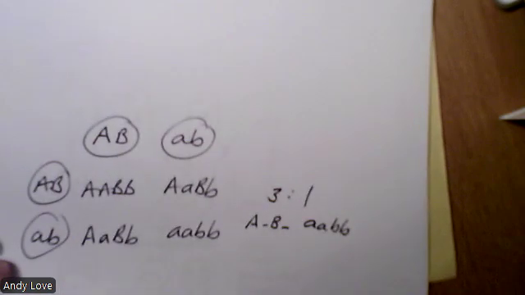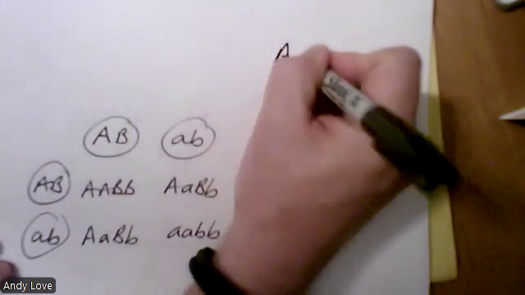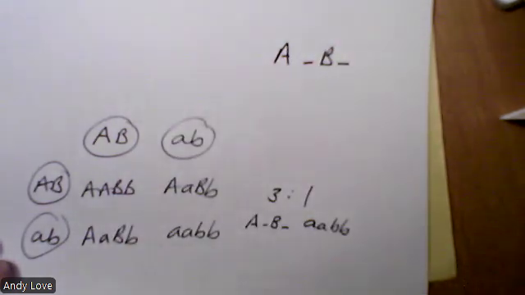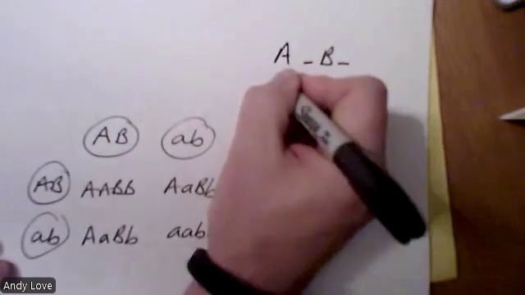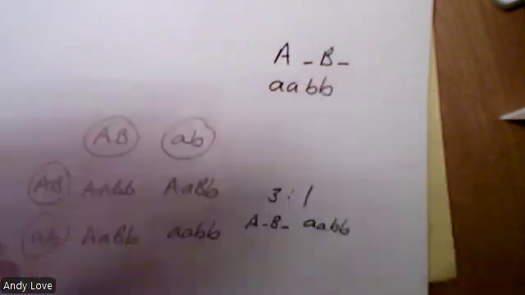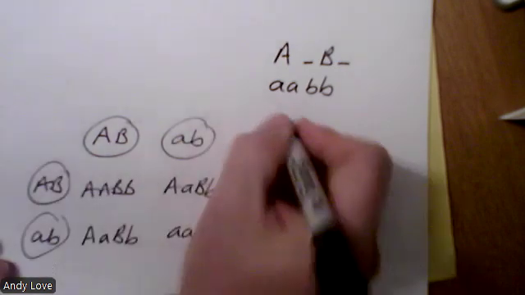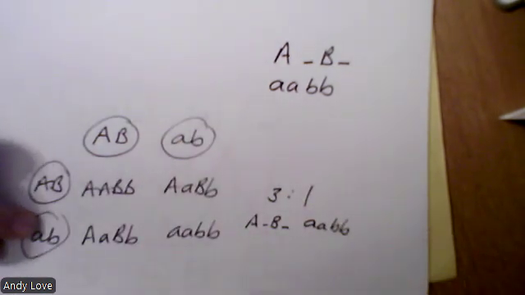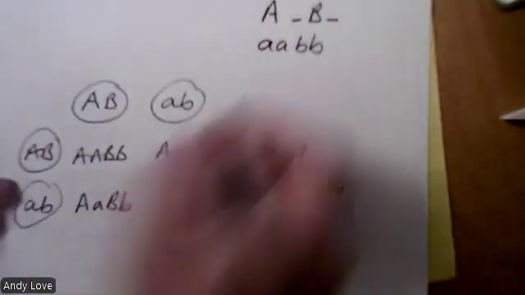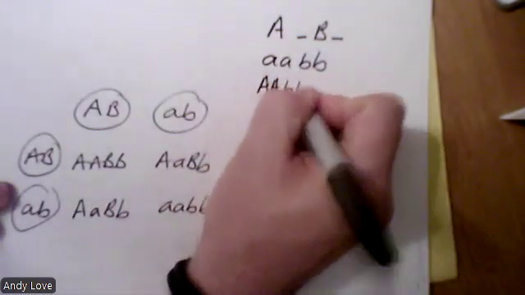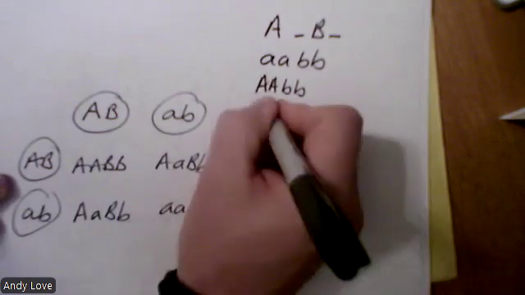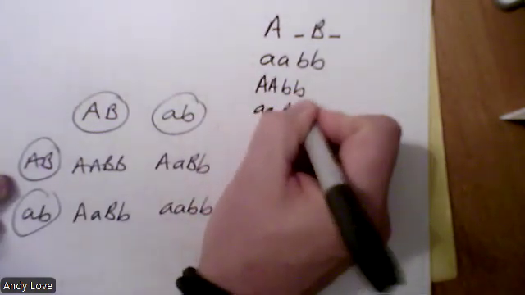So what you find in autosomal linkage questions is you'll get an awful lot of these, and you'll get a reasonable amount of these. But then you'll get very few of the new combinations, this one and this one.